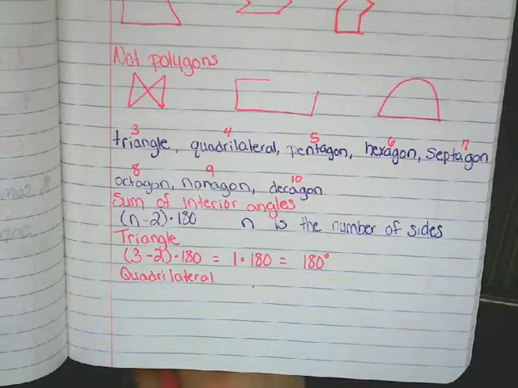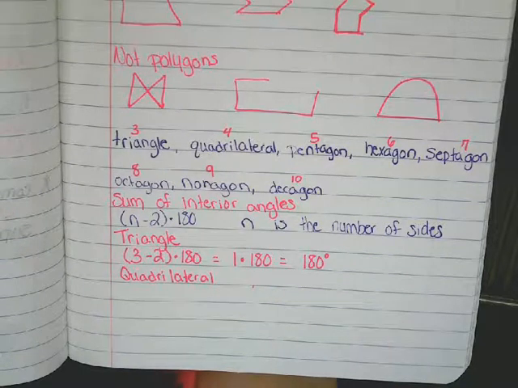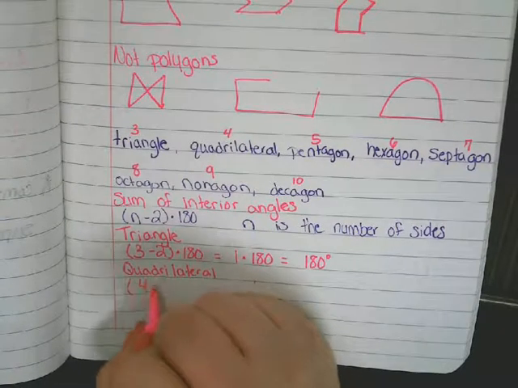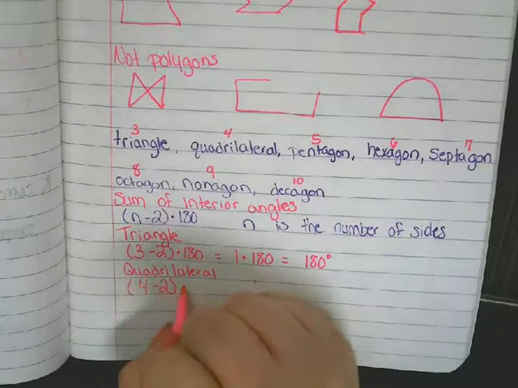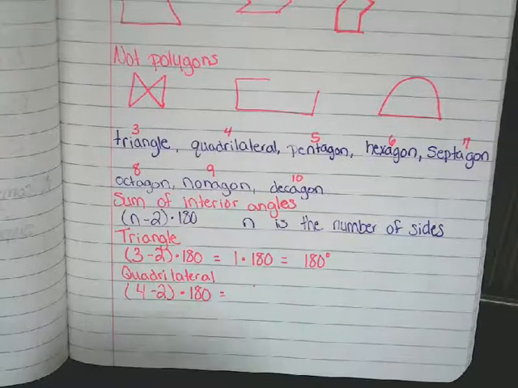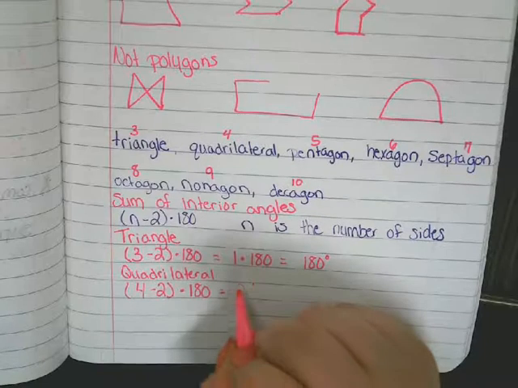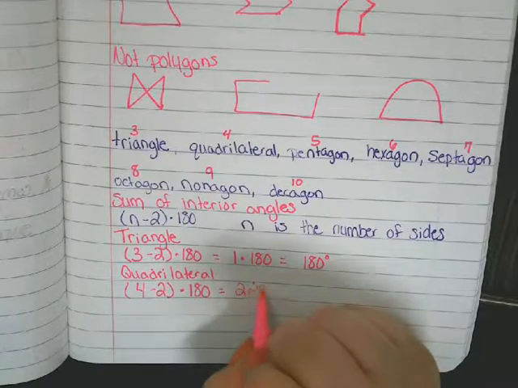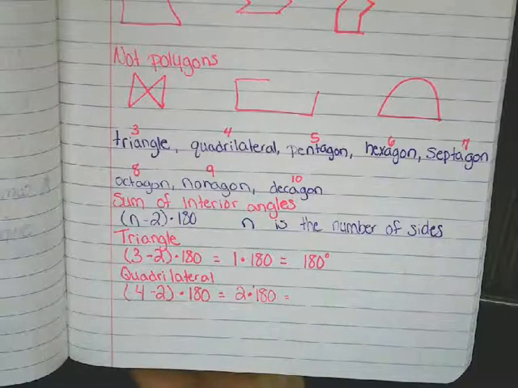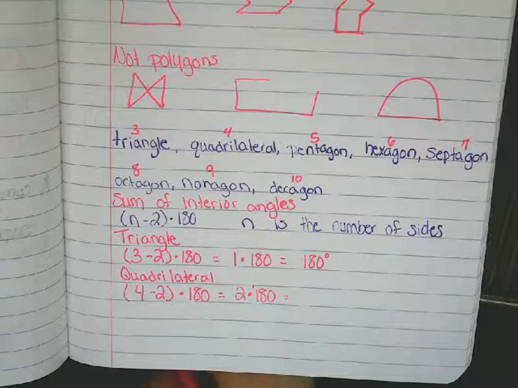How many sides on a quadrilateral? Four. So I'm taking 4 minus 2 times 180. So 4 minus 2 gives me 2. 2 times 180. Why do you have a calculator out? Nobody else has a calculator. Just because you're standing there doesn't mean you get one. 360 degrees.